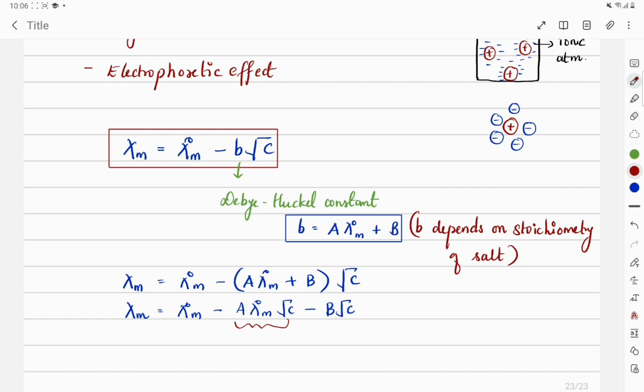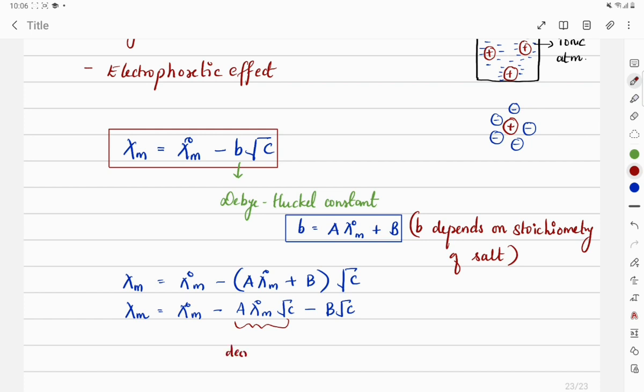And we say that lambda 0 m minus this particular value. Since it is a minus, it causes a decrease in the molar conductivity. So we can say that A lambda 0 m root C is the decrease in molar conductivity due to asymmetric effect.